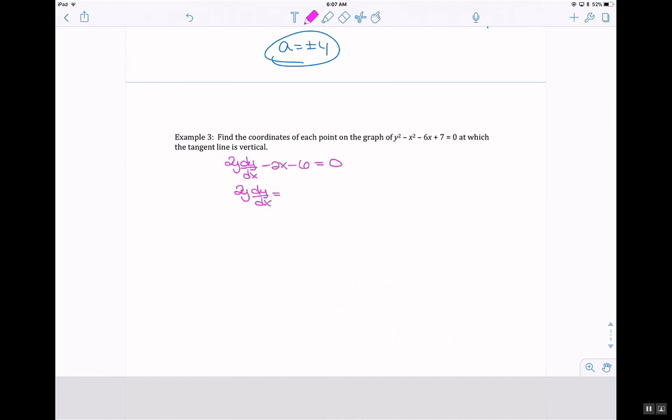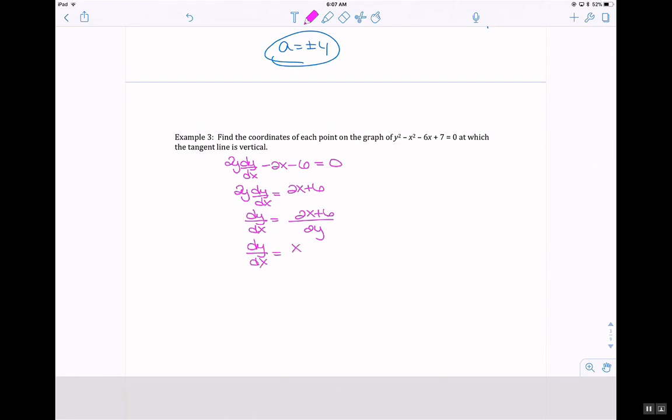So I'm going to isolate my dy/dx, so 2y dy/dx is equal to 2x plus 6, so dy/dx is equal to 2x plus 6 divided by 2y.